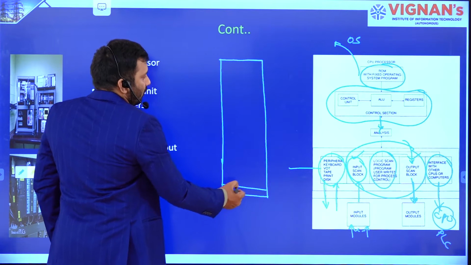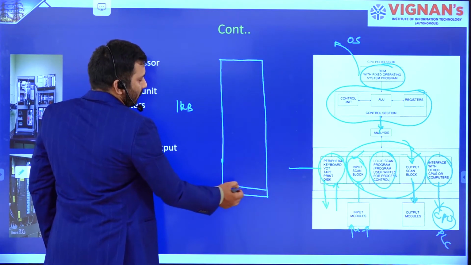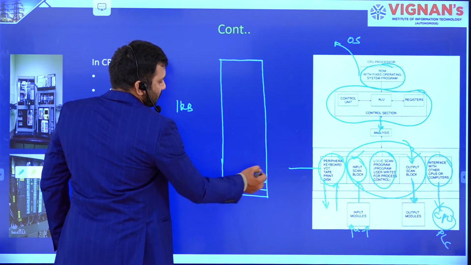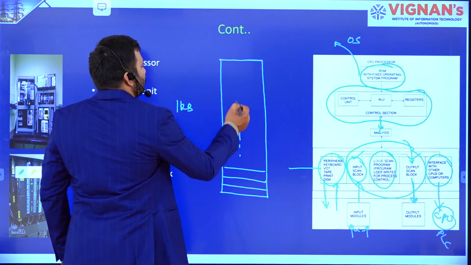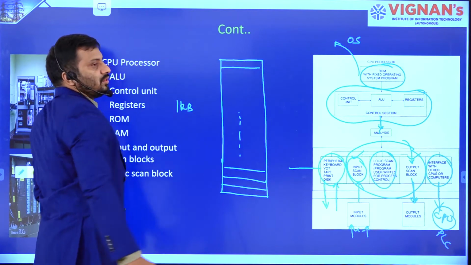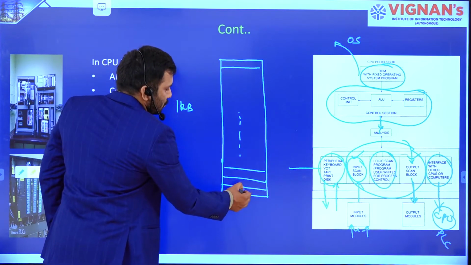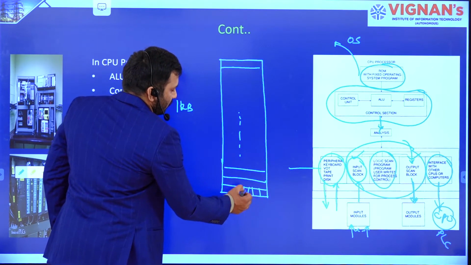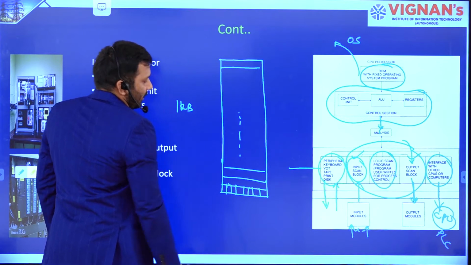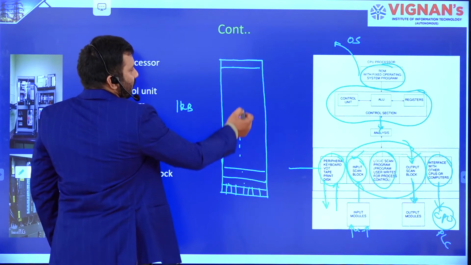For example, a 1 KB memory means first register, second register, third register. Previously also we discussed this in the last semester, right? These 1000-odd registers are each able to store 8-bit data. Here 8-bit data, here 8-bit data, like that.